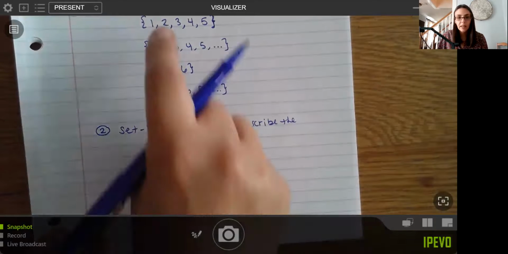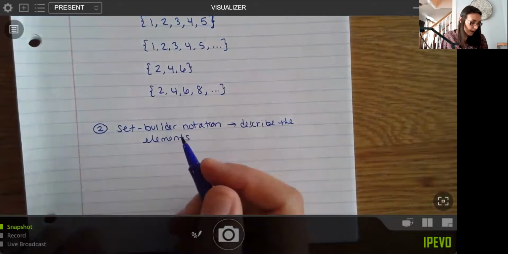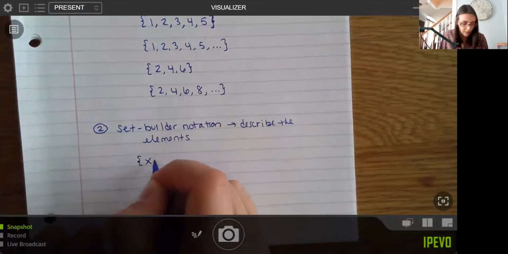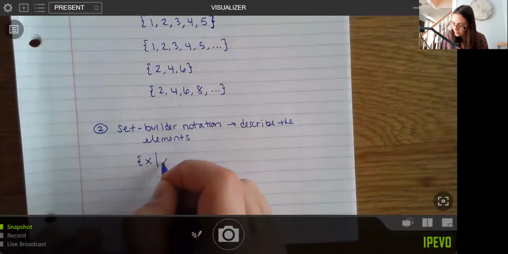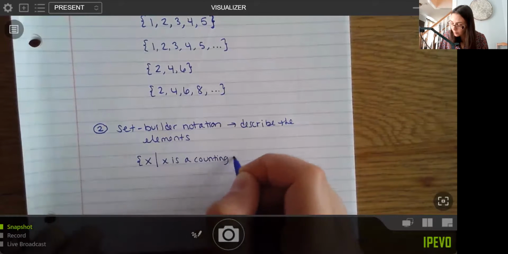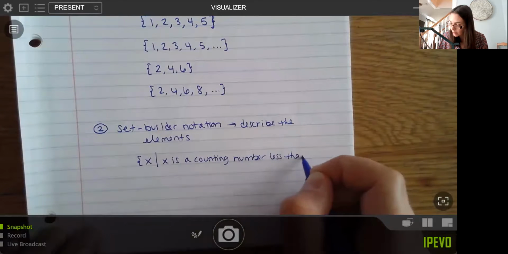So for something like this first one here, there's actually a few different ways that you could write it. I could write something like X such that X is a counting number less than 6.